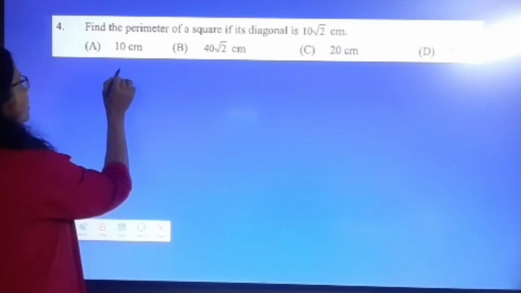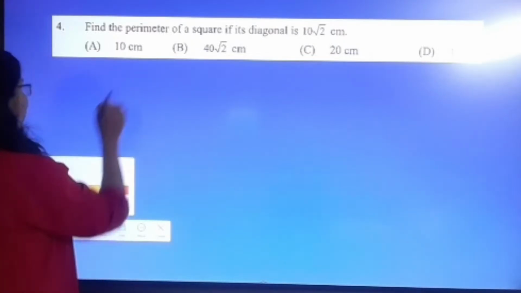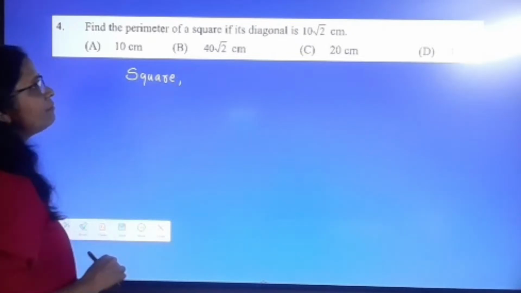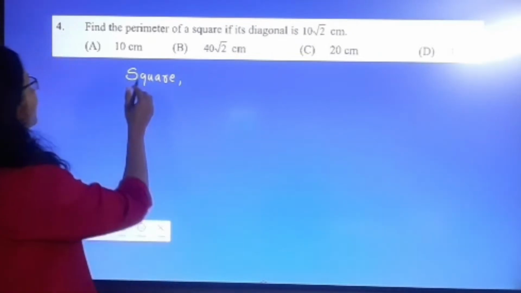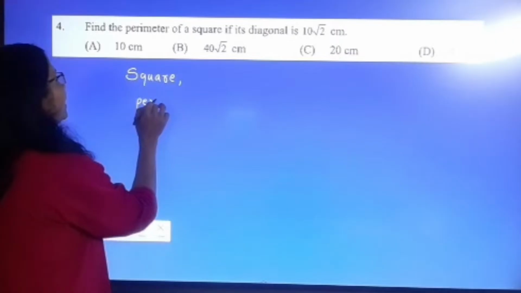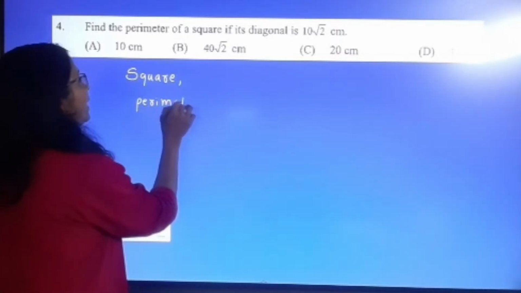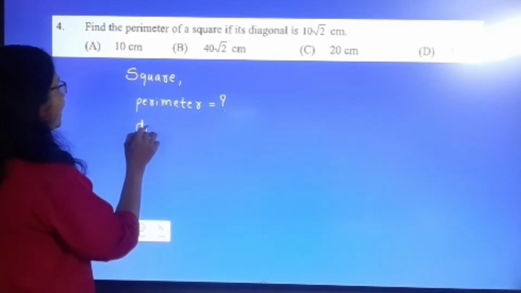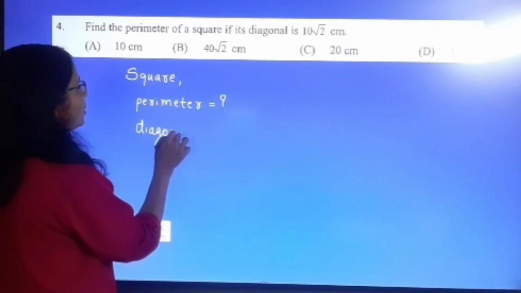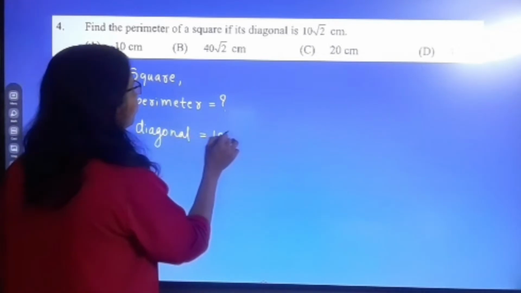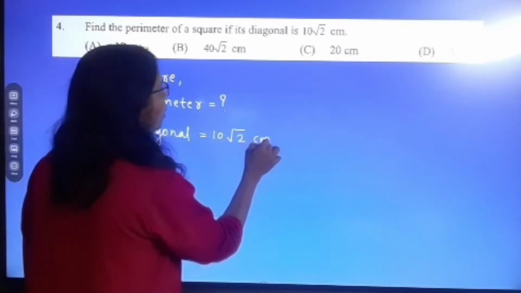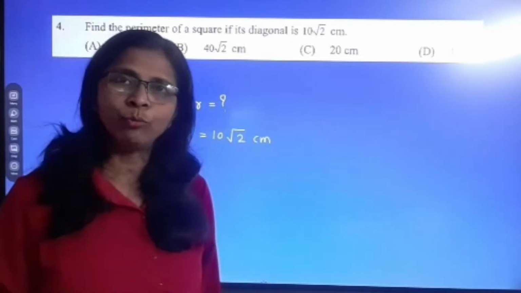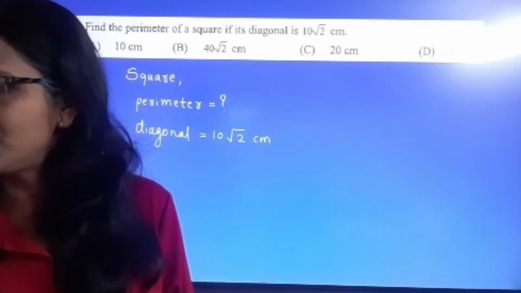So here students, first I write down the name of the given figure, and that is the square. Then write down perimeter is equal to question mark, and the diagonal is given: diagonal is equal to 10 root 2 centimeters. Now I want to find the side first.